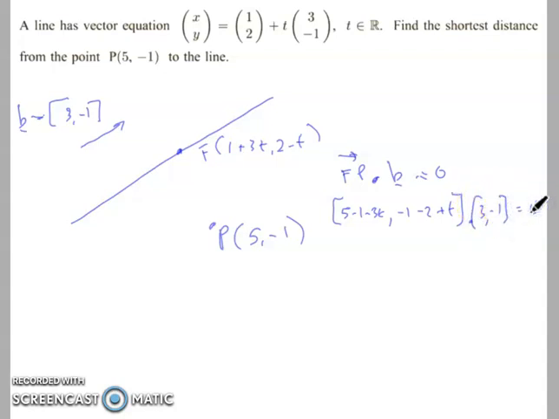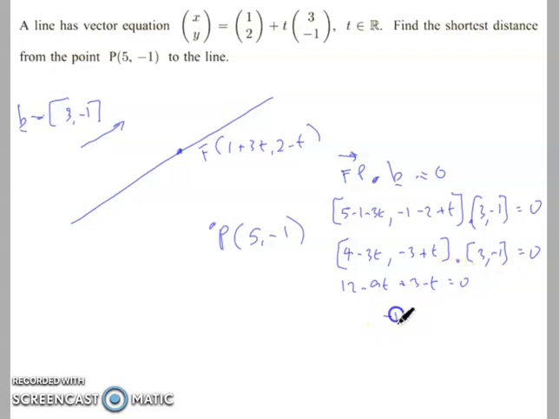Let's simplify that first vector, which gives us this, and then dot that with the 3, -1, which leads to one equation, one unknown. So we end up with 12 minus 9t, then multiplying the y component by -1, I get plus 3 minus t equals 0.